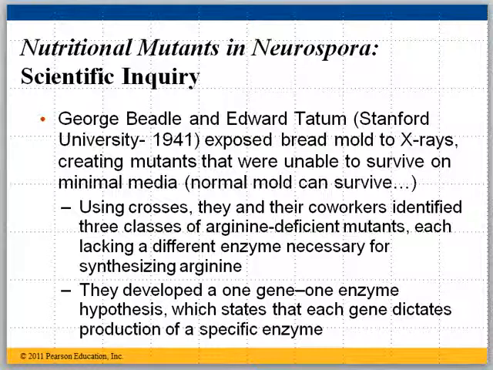So basically what they came up with was this idea that every single gene controls the creation of one particular enzyme. And so using their mutant mold and their various tests, they developed this idea that held for quite a long time, a one gene, one enzyme hypothesis, where every single gene controls the production of one particular enzyme.